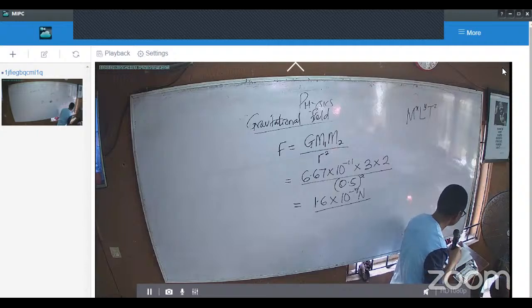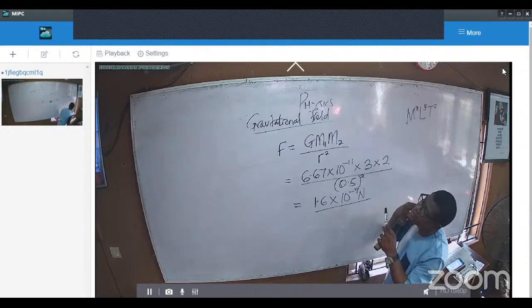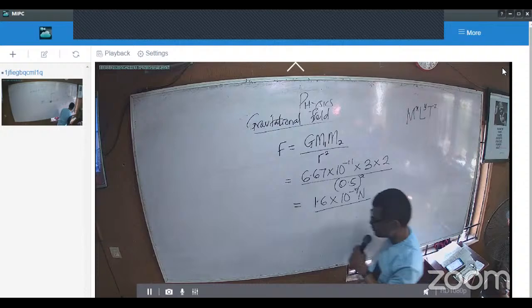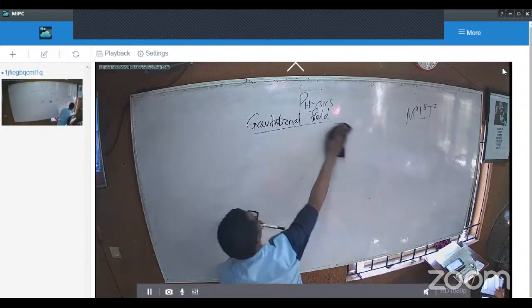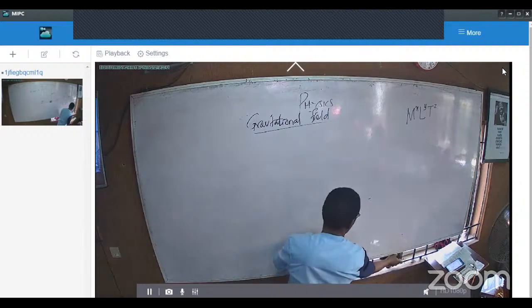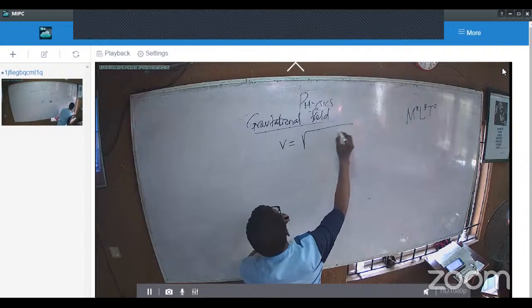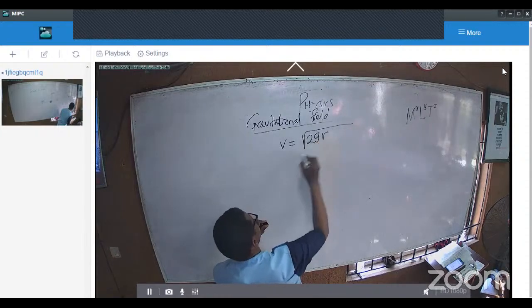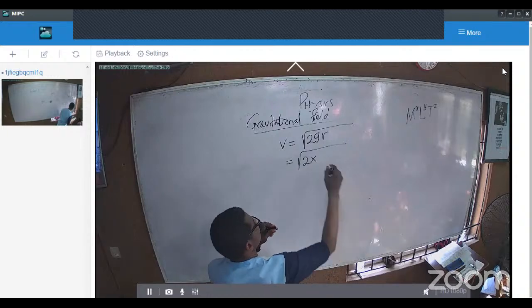Now this one, you don't have to work it. The value is constant, but let's get the value first before you store it in your head. Anytime you have escape velocity for the Earth, you don't have to work anything. Our V, we've been given the formula today: square root of 2GR. So that'll be 2, G is 10, constant.